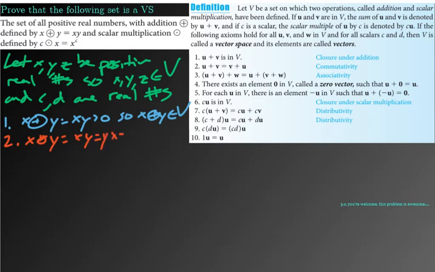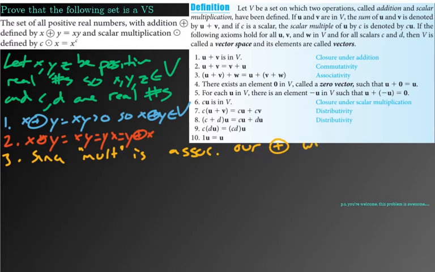You can flip it, which by definition is y plus x, so it fits the commutativity we need for the addition operation. To speed things up, since multiplication, in quotes, the way we think of it normally, is associative, our plus operation will be as well.